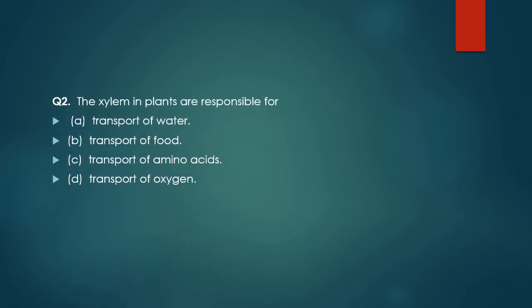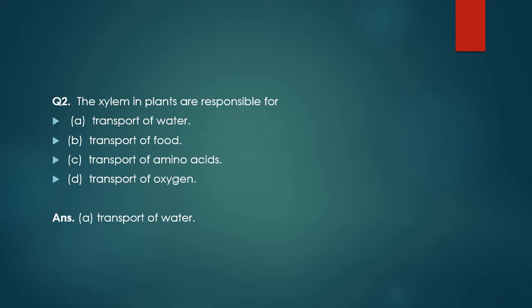The xylem in plants is responsible for: A. Transport of water, B. Transport of food, C. Transport of amino acids, strictly no, D. Transport of oxygen. So your answer is, of course, A, transport of water. Now if I ask you, with water what more? It's the minerals.